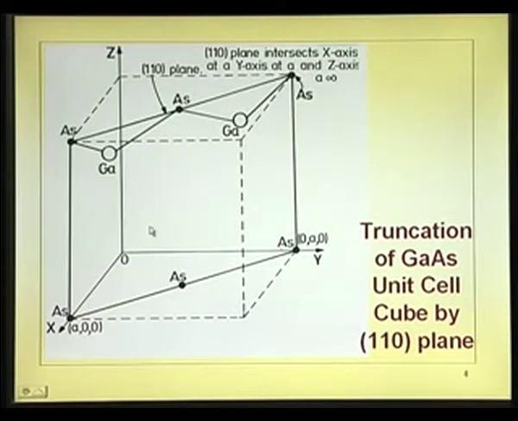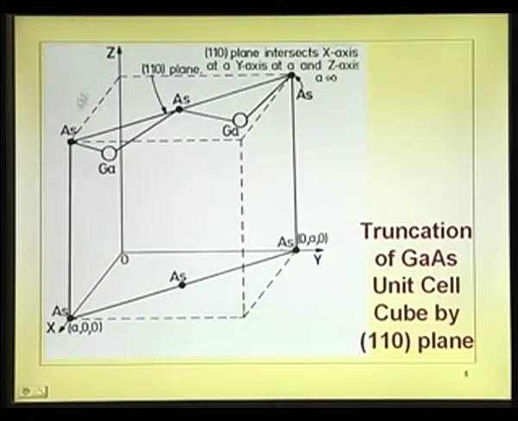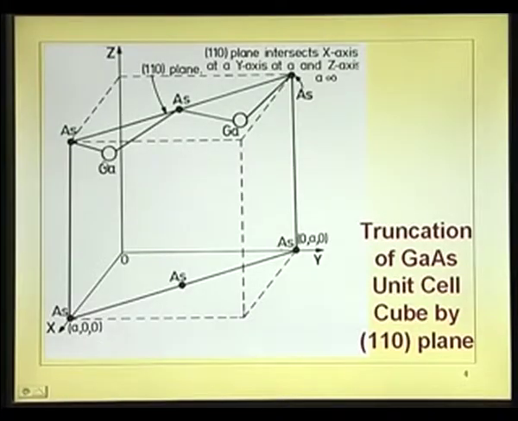You can see here the arrangement of atoms. On the top plane, top surface, arsenic, arsenic, arsenic, and you go diagonally down, you see those atoms which are A by 4 down. That atom forms bonds with the nearest neighbors, and it is in the same plane as this.